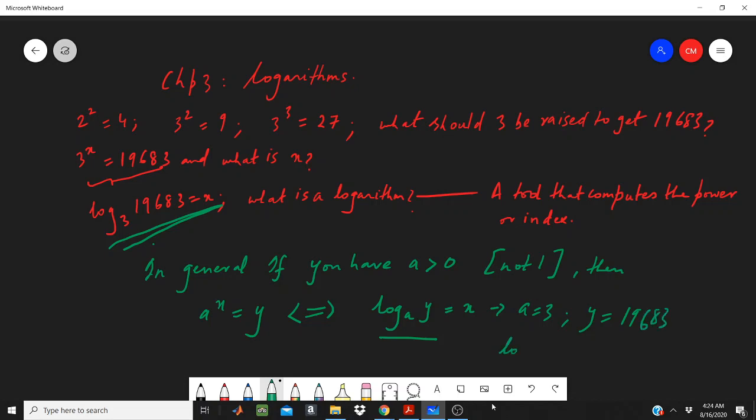And then what you got from the previous example was log of 3, 19683 equals x. The logarithm, once again, is just a tool to compute the power. Here we see that x is log 3 of 19683, and x over here was our power that we needed to compute.